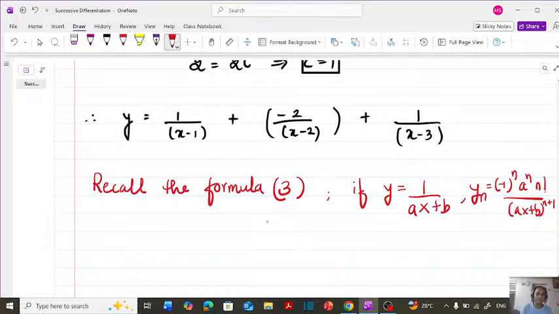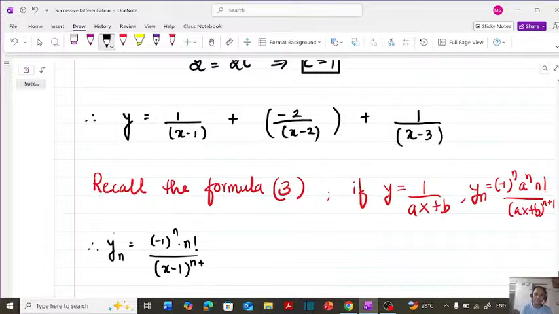So when you write this formula, here you can directly apply: yn is equals to minus 1 to the power n a. Now for each term a is 1, so we are not going to write that. N factorial over x minus 1 to the power n plus 1, plus minus 2 divided by x minus 2.